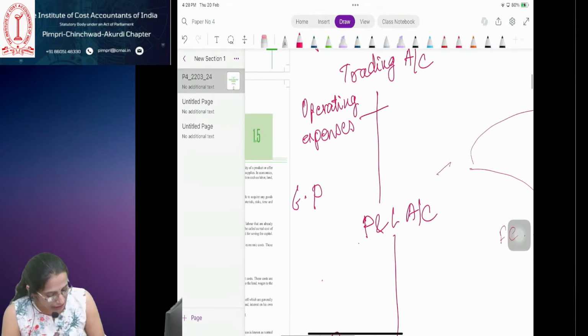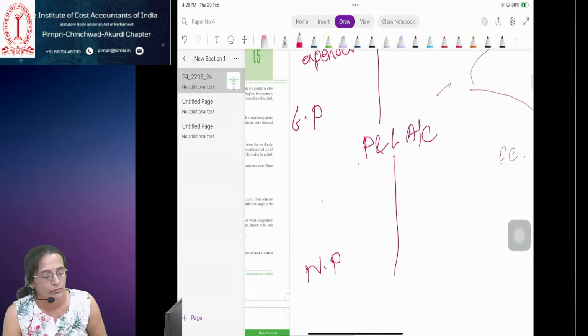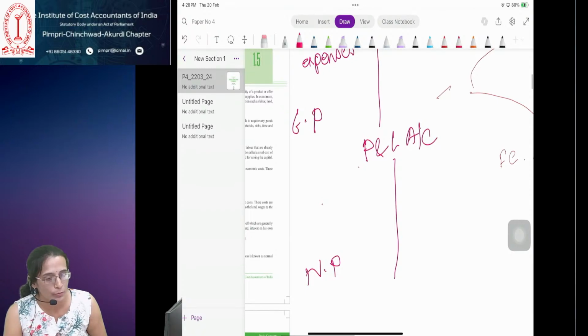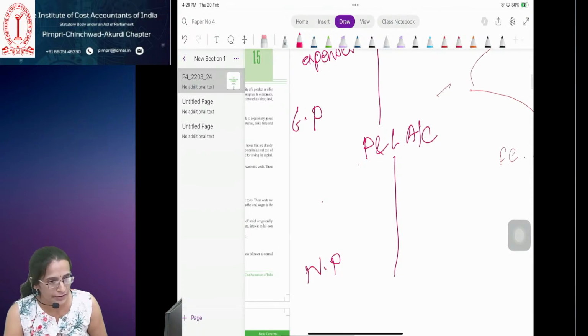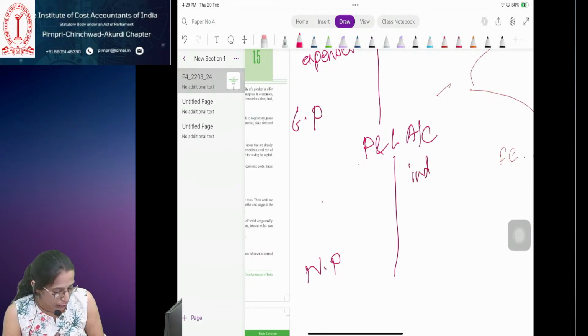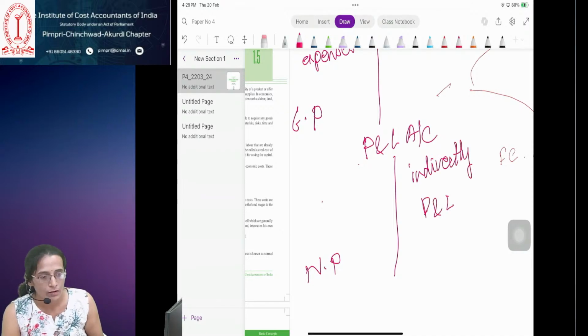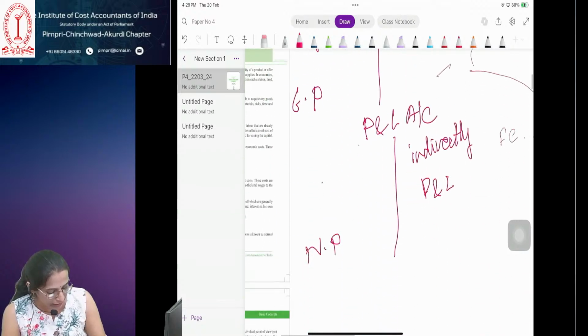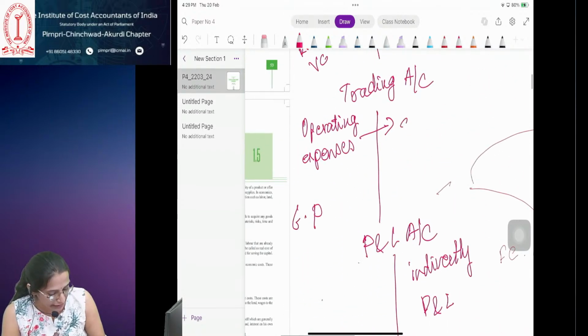Operating expenses are the expenses which are required for the operation of the business, for the business to operate. And in the net P&L we have expenses which are not directly related but indirectly related to production. Here in trading, we have the expenses which are directly related to the operation.